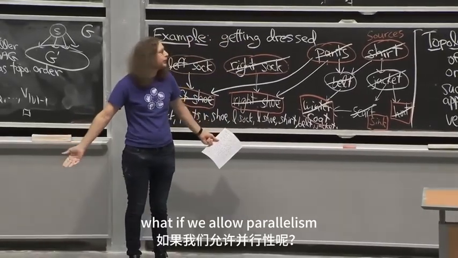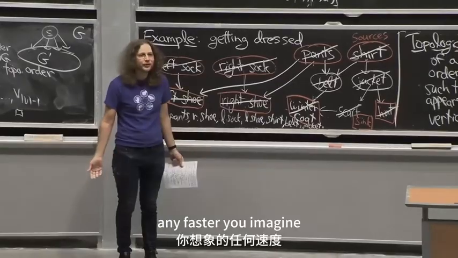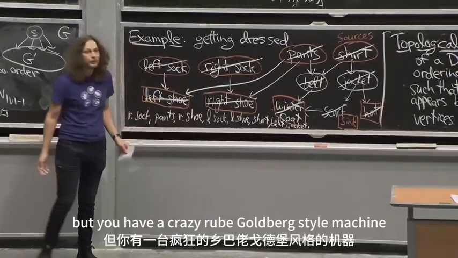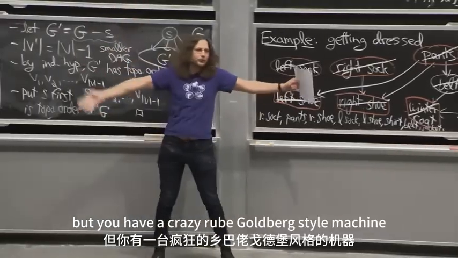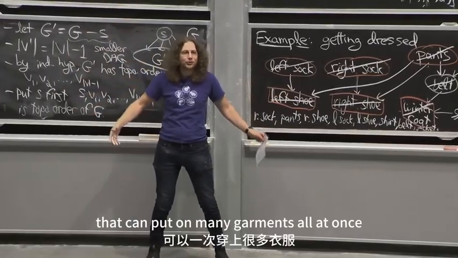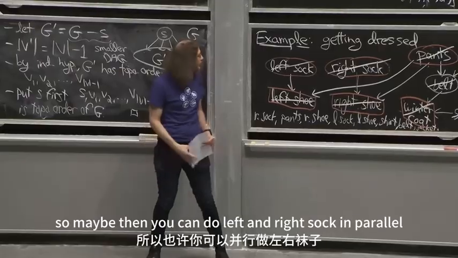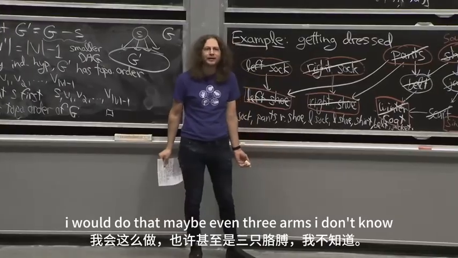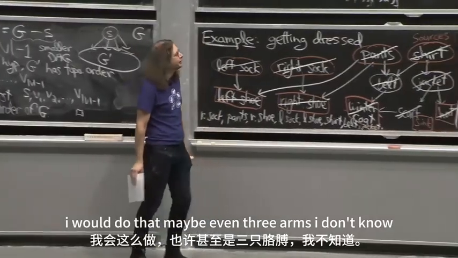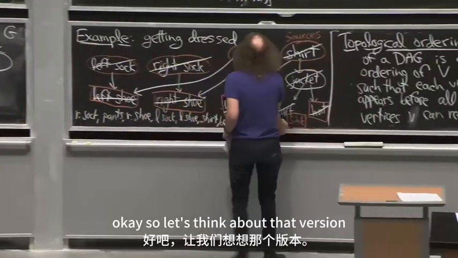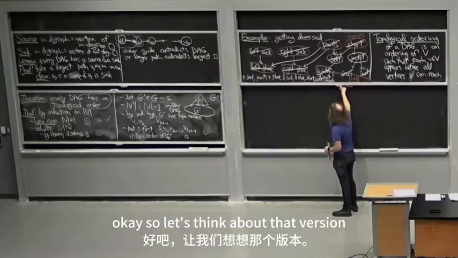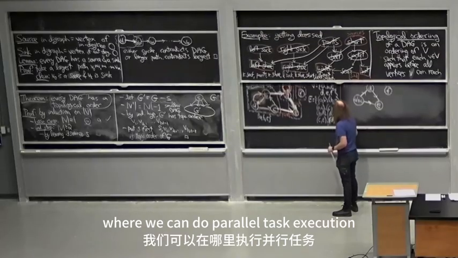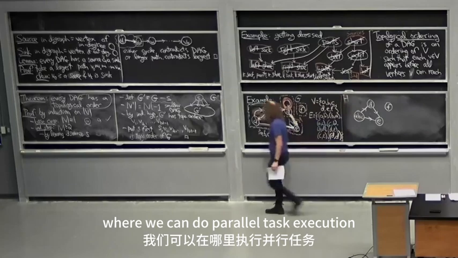What if we allow parallelism? Can we do this any faster? You imagine you want to get dressed, but you have a crazy Rube Goldberg-style machine that can put on many garments all at once. So maybe then you can do left and right sock in parallel. If I had 4 arms, I would do that. Maybe even 3 arms. I don't know. That's a good question. OK, so let's think about that version where we can do parallel task execution.